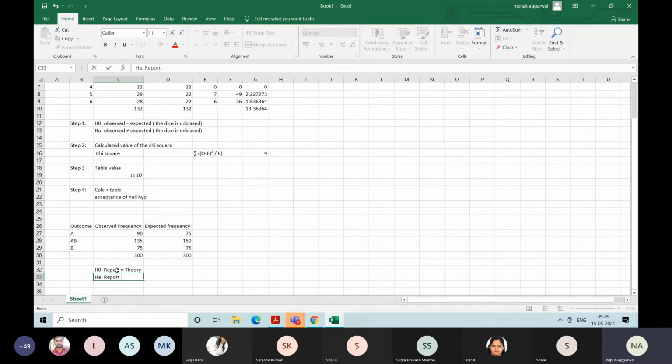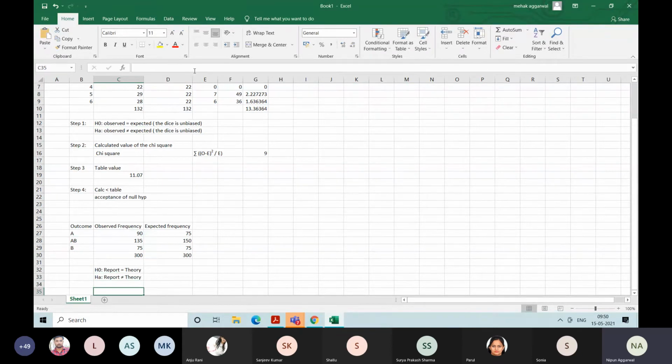We are not using the word match, but we are saying that there is a significant difference between the frequencies observed in the report as compared to the theoretical, genetic theory frequencies. So report is not equal to theory.